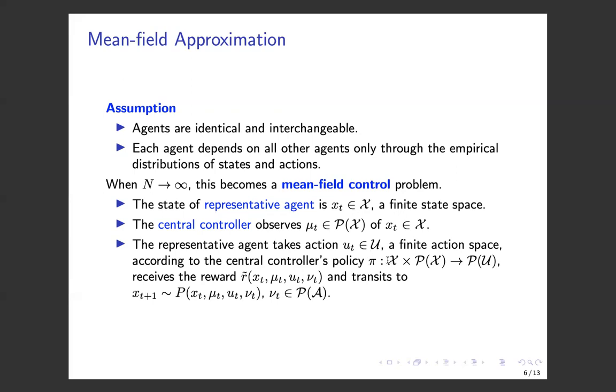Now the policy depends not only on the agent's state, but also on the population distribution. Also now the reward and the probability transition matrix also depend on the single agent's state and action as well as the population state action distribution.